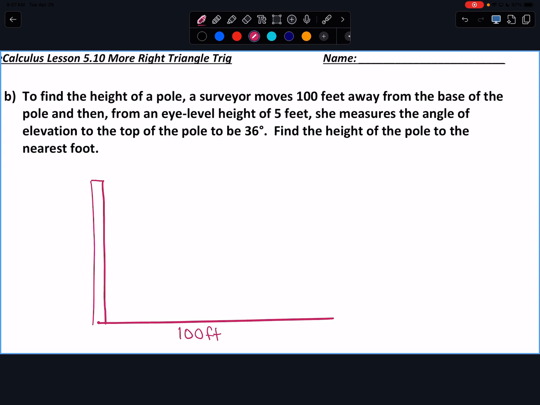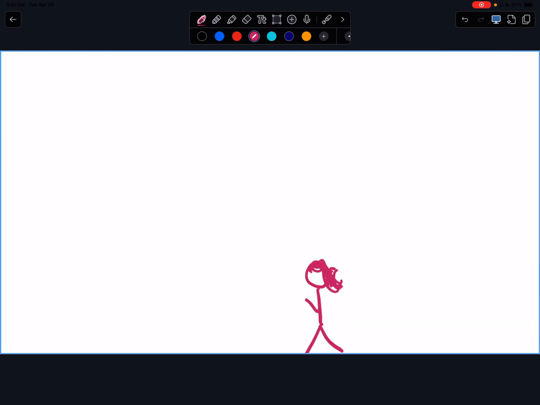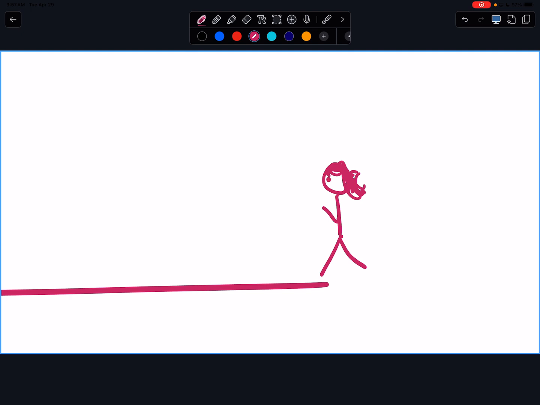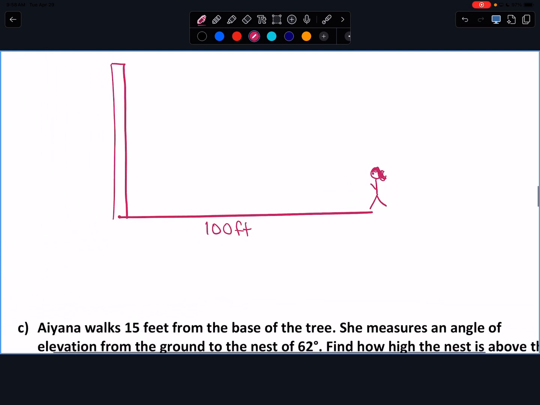And then from an eye level, so here's my surveyor, with their cute short hair that they just donated. And it says from an eye level. We've been talking about that today. Your eyeballs. If you look straight ahead, that's called the line of sight.